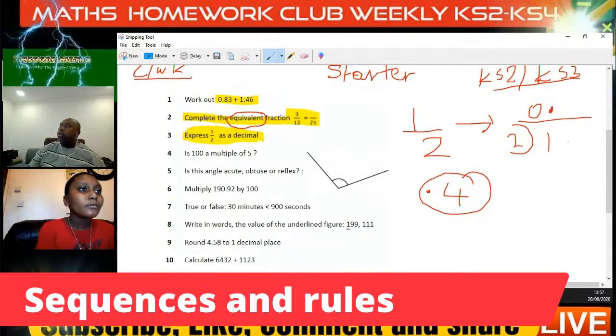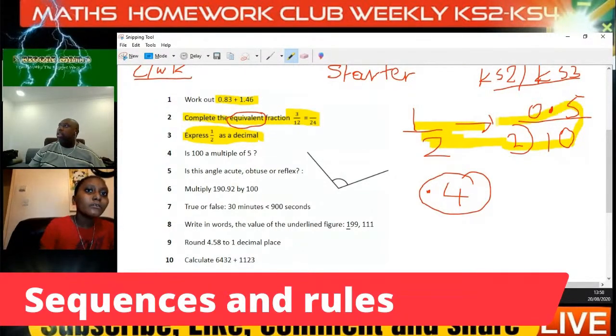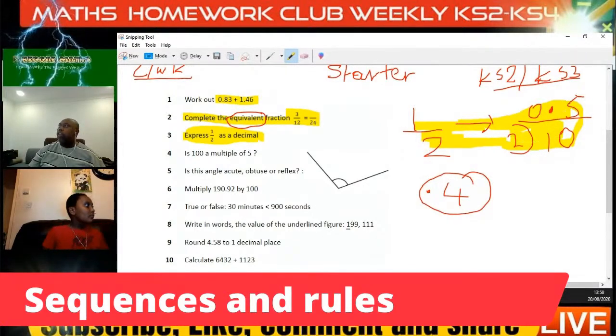You add a 0 to the 1. That becomes 10. So now 2 into 10 goes 5. Okay, can you copy this in a book, please? A half as a decimal is 0.5.